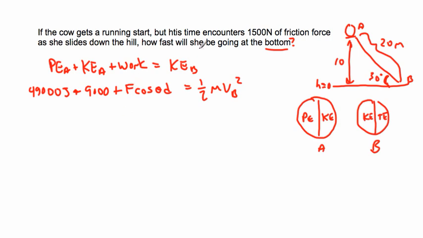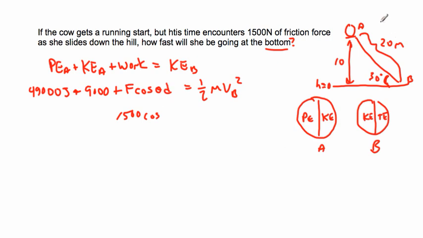The force is real simple. It's friction we're talking about, and there's 1,500 newtons of it. And then this is going to be cosine. Now, what angle are we talking about here? Well, let's go up to our cow sliding down. This is going to be the angle between the direction of the force and the direction of motion.